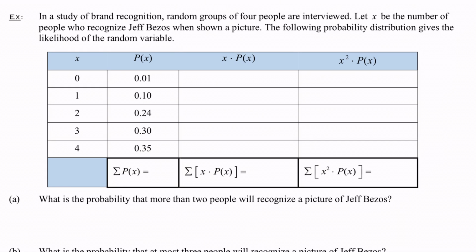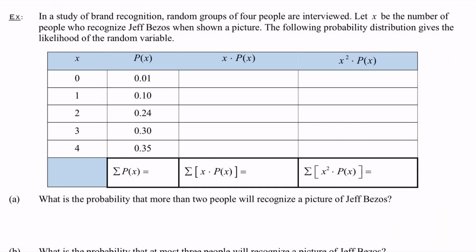So if we're looking at the table, they've listed out the values of X between 0 and 4. Here we're looking at a group of 4 people. And so the probability that none of those people recognize Jeff Bezos is 0.01. Probability that one of those people recognizes him is 0.10.